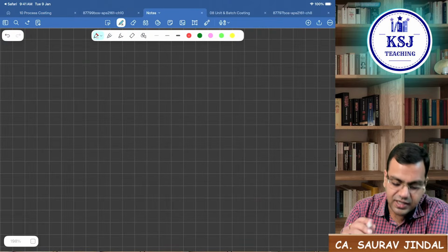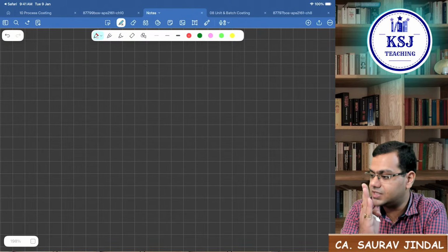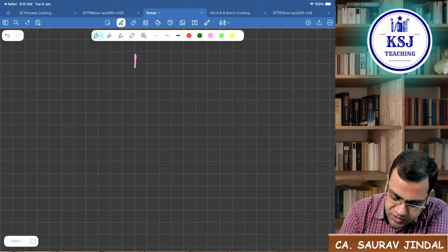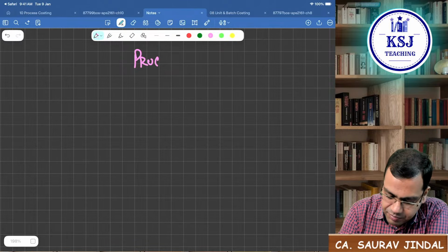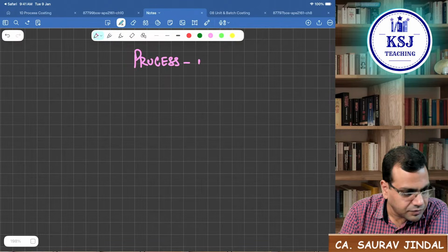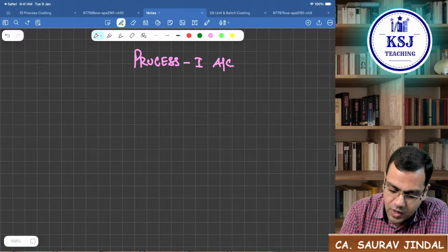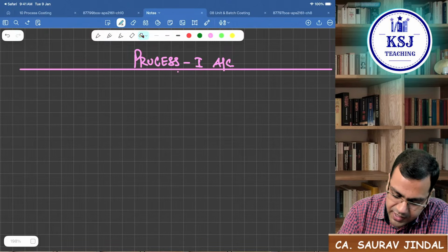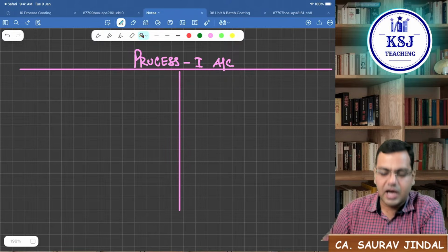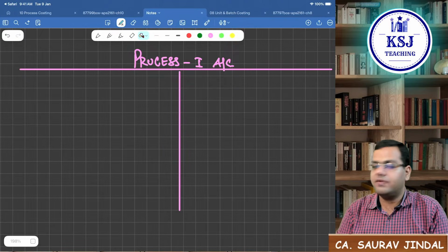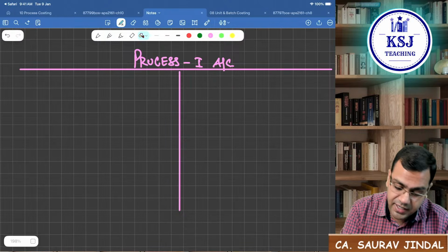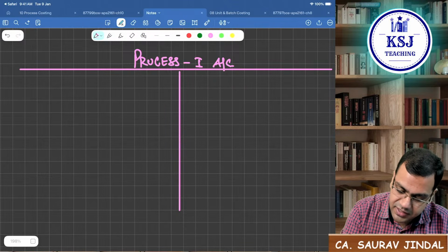Okay, first I'll take the very first process, process 1 account. I will first take up how we prepare the process 1 account. What will be there in the process 1 account? The first thing that you will do is introduce the raw material.